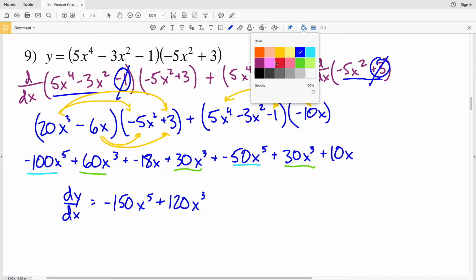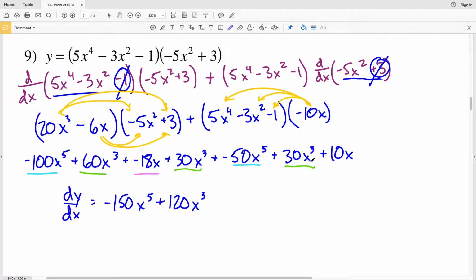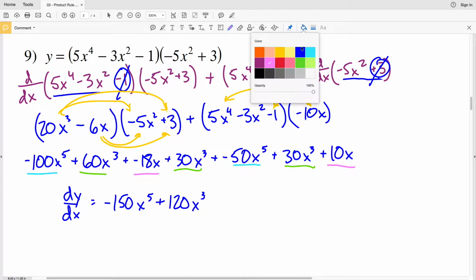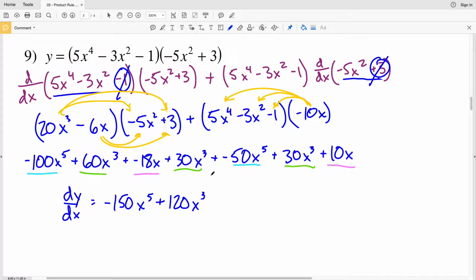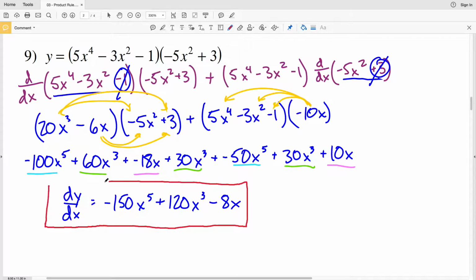And then lastly, I'll combine negative 18x with a positive 10x to get negative 8x, so I'll subtract 8x. Therefore, the solution dy dx at number 9 is negative 150x to the fifth plus 120x to the third minus 8x. Now let's move on to number 10.